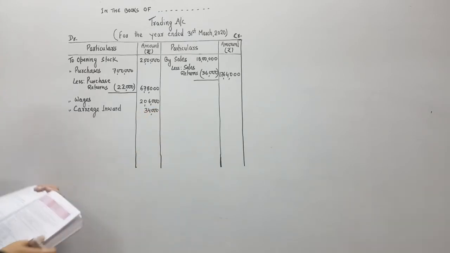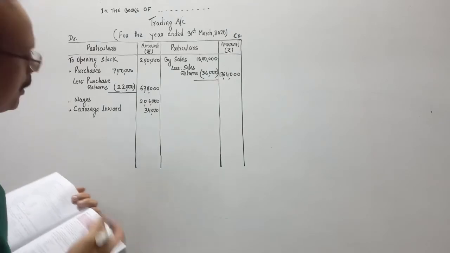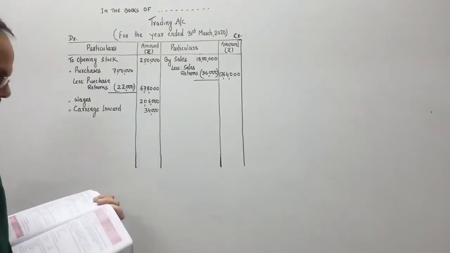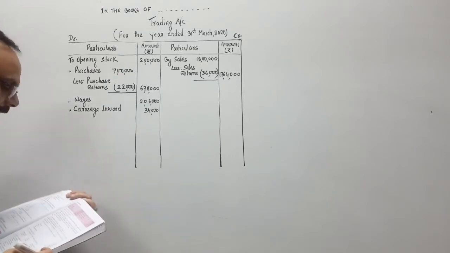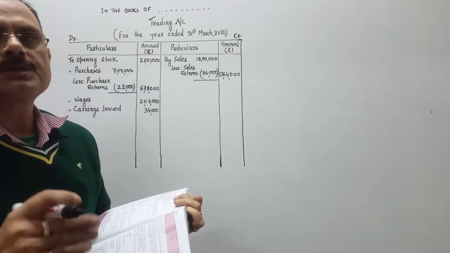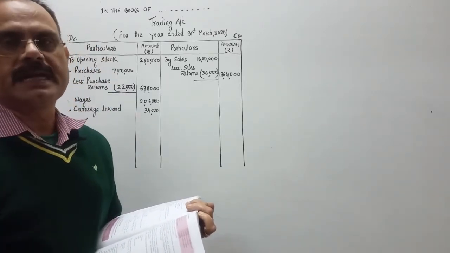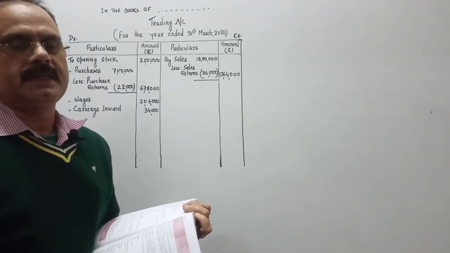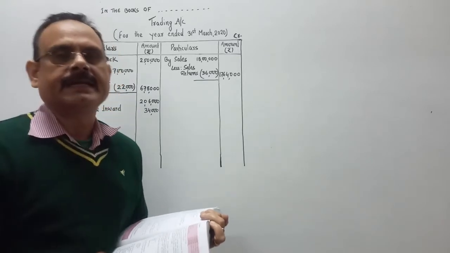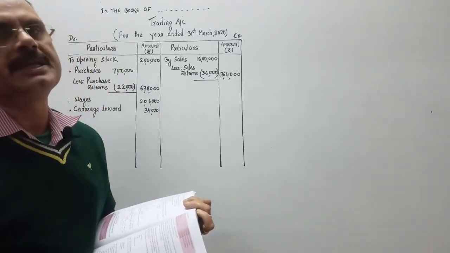Carriage inward, freight. Freight inward or only freight is a direct expense. Next is carriage outward. Carriage outward means carriage on sales, which is an indirect expense. It comes under selling and distribution expenses.